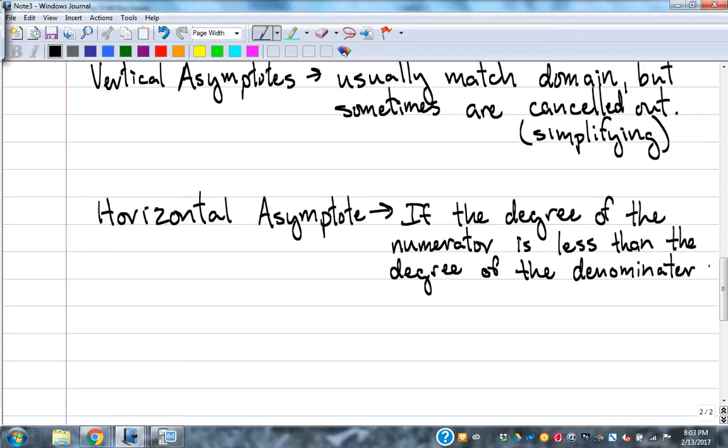If that's happening, then the horizontal asymptote, and I'm going to abbreviate that HA, is y equals 0.